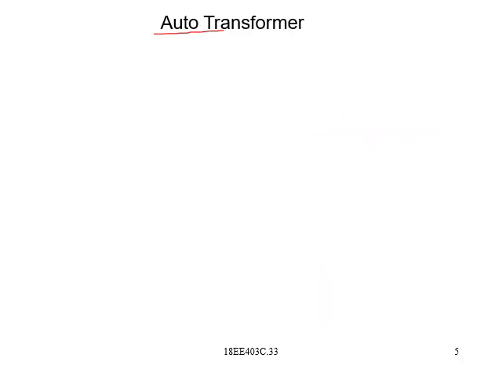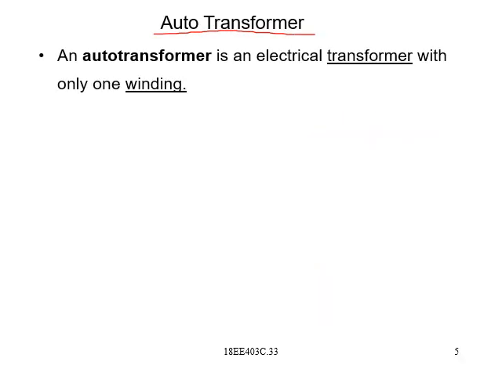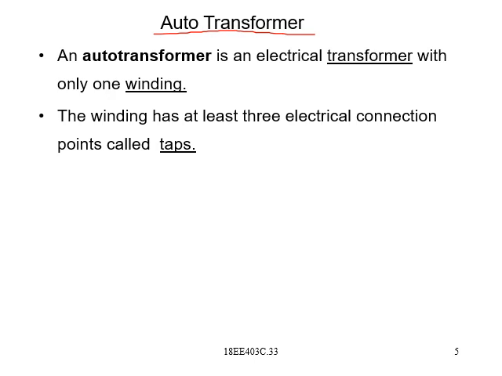Now we'll be seeing about auto transformer. An auto transformer is an electrical transformer with only one winding in it. The winding has at least 3 electrical connection points called taps.